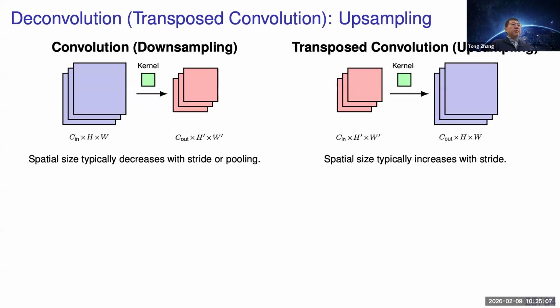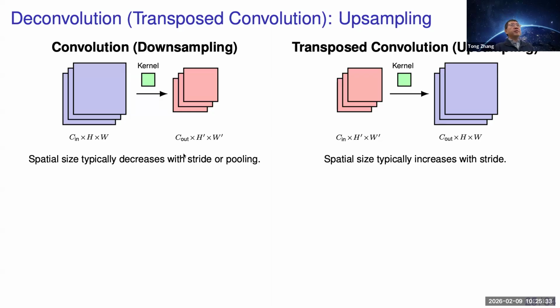So deconvolution is you can do the reverse. If you say stride equals 2, right? In the convolution, it reduces h to h over 2. Deconvolution with stride equals 2 increases the spatial dimension from h over 2 to h.